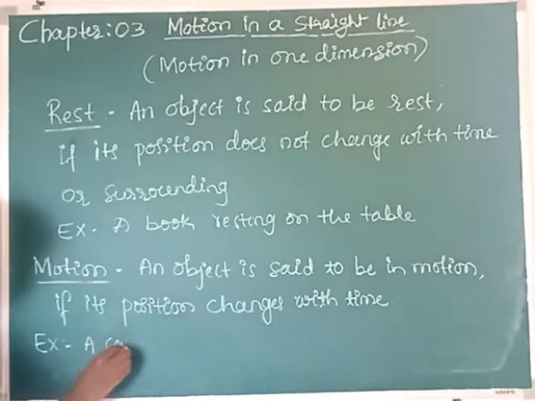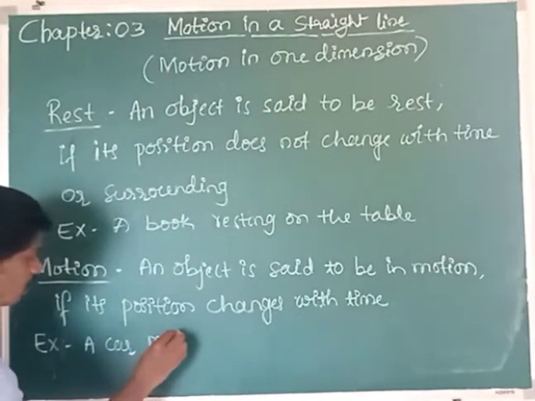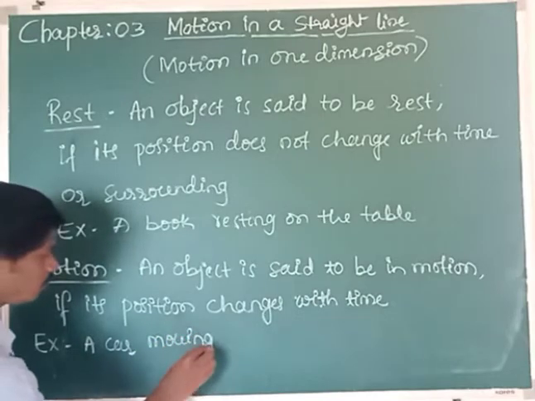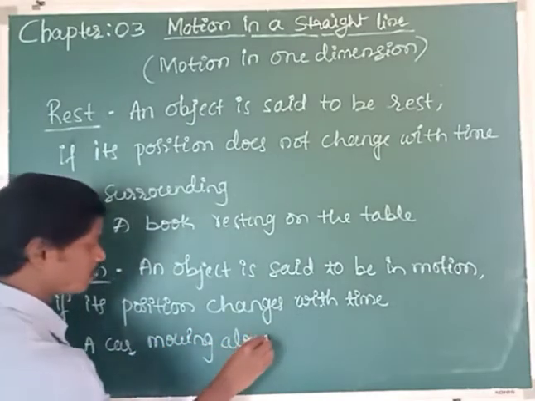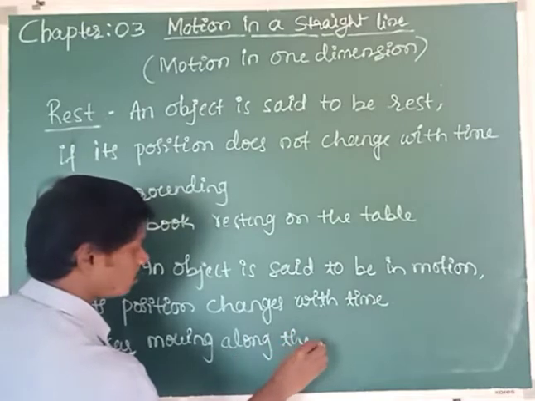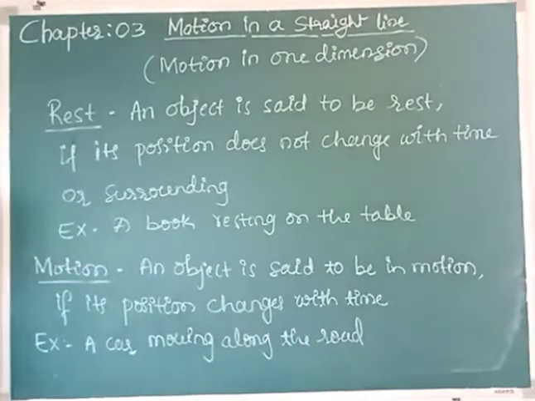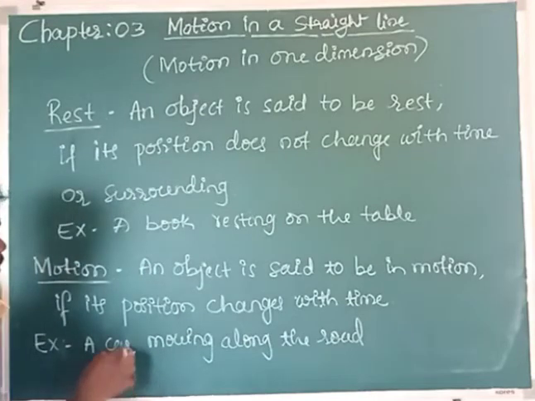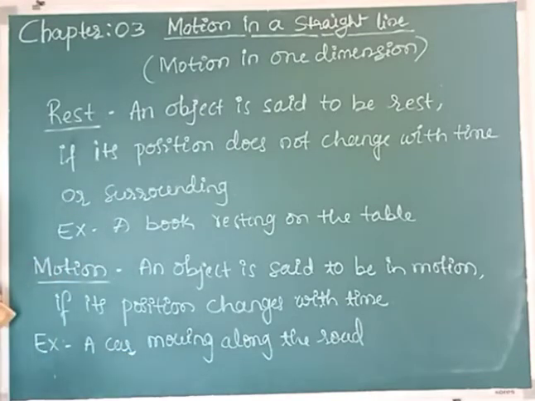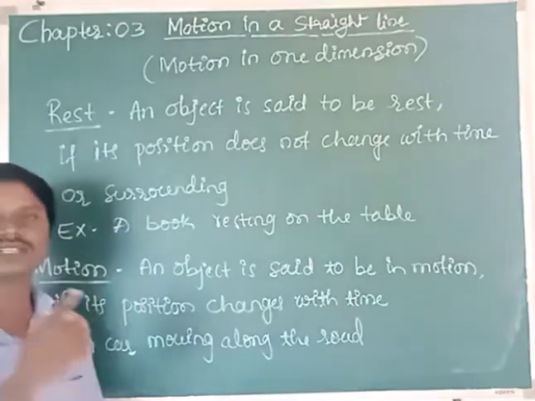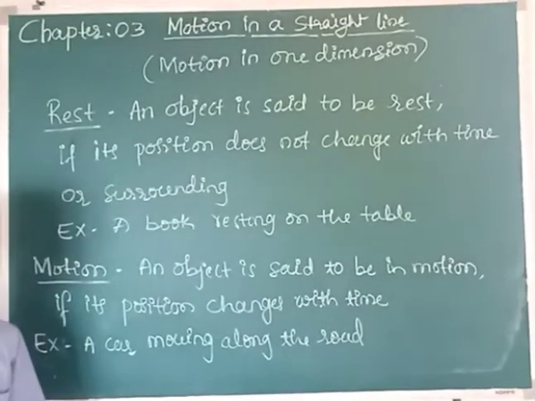A car moving along the road. So this is an example for motion, and there are so many examples for motion. For example, the planets revolve around the sun; it is also an example for motion.